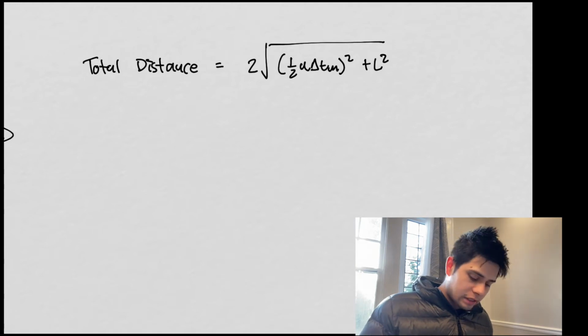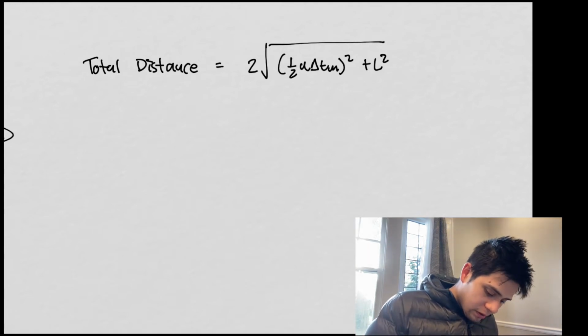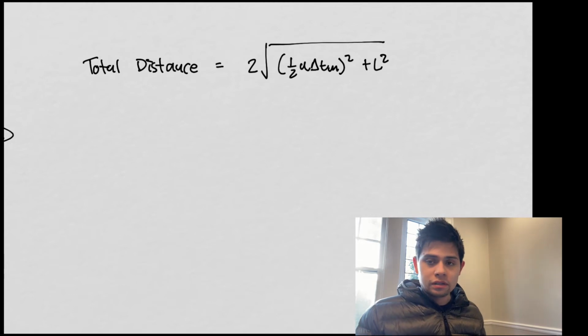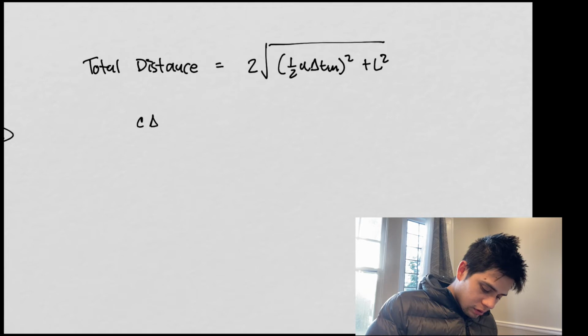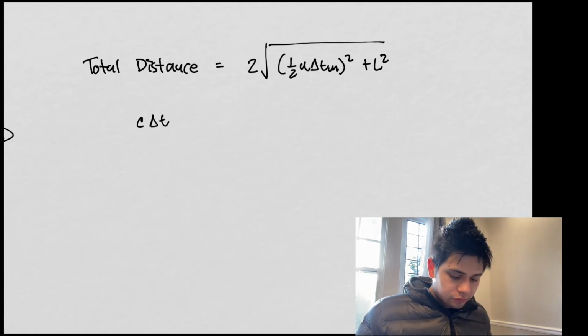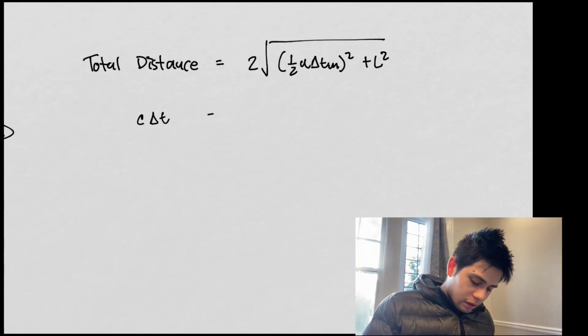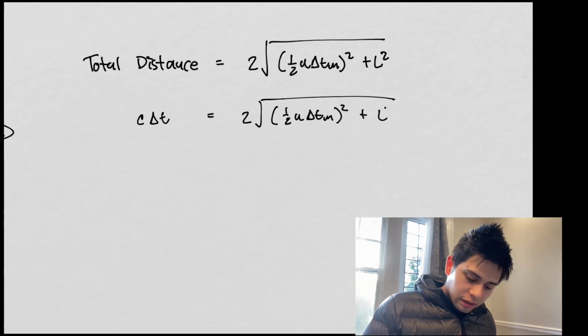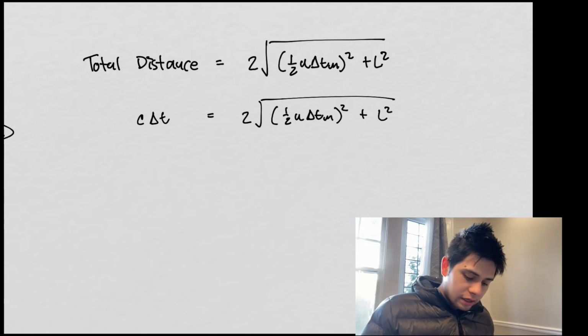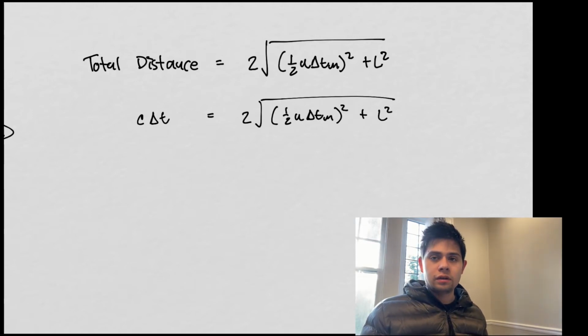So we could say that, say it's a light particle, the rate of a light particle times time is equal to 2 times 1/2 u delta t moving squared plus L squared. Keep in mind that u can also be c, right? But u is strictly a rate in the x direction.